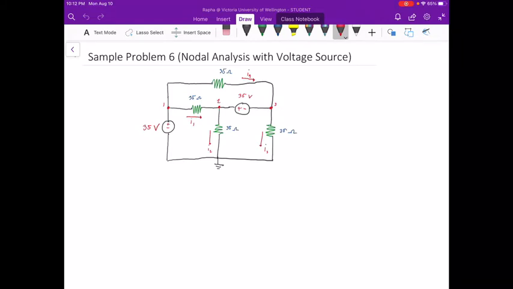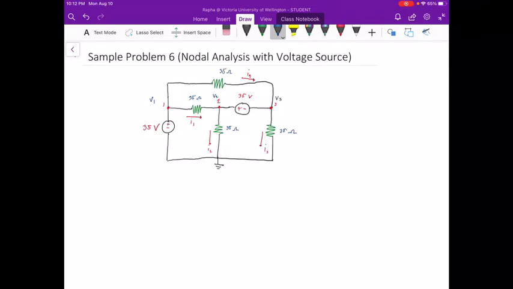This is a bit messy, but again, I've already identified the branch currents I1, I2, I3, and I4, as well as the nodes 1, 2, and 3. So we have both cases, case 1 and case 2, in this particular example. So we are going to solve for node voltages V1, V2, and V3.